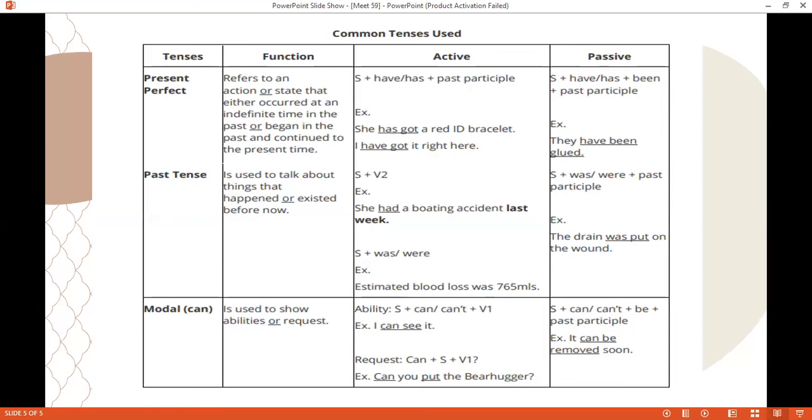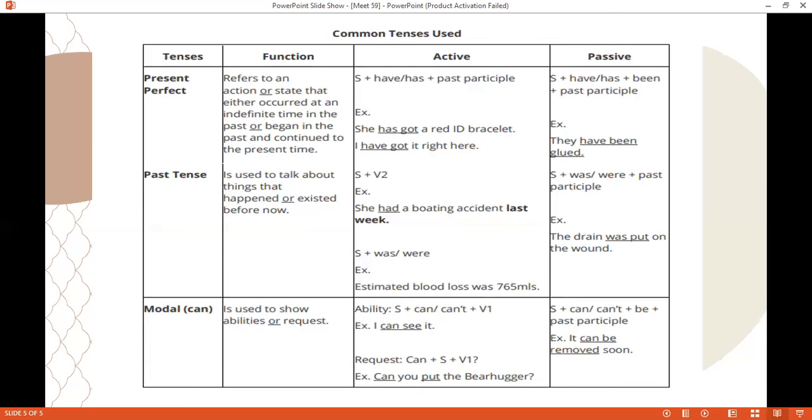And the second past tense passive is subject plus was or were. For example, estimated blood loss was 765 ml.